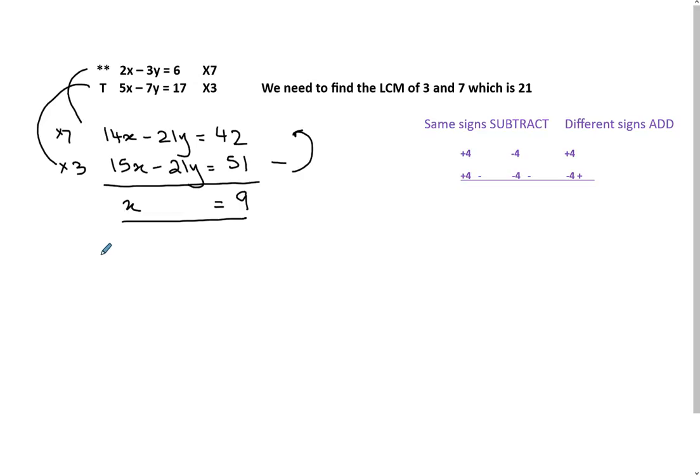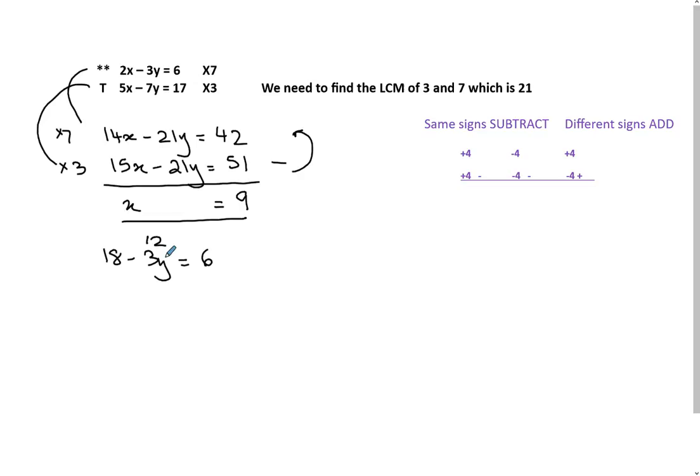Let's go solve y. So 2 times 9 is 18, minus 3y equals 6. And although I do my steps, sometimes if it's really simple, you could actually do 18 minus what number is 6, and you can see 18 minus 12 would be 6.